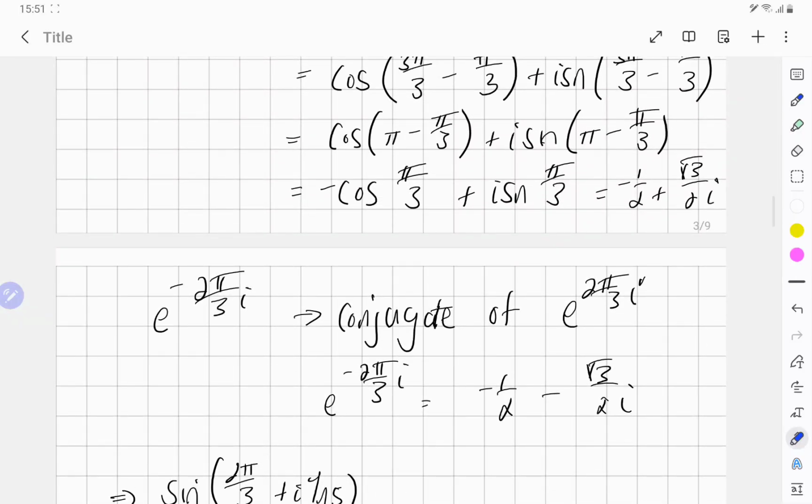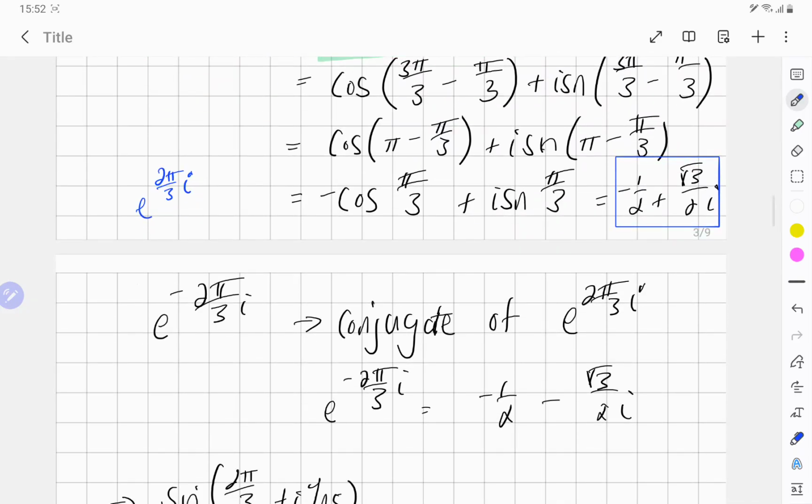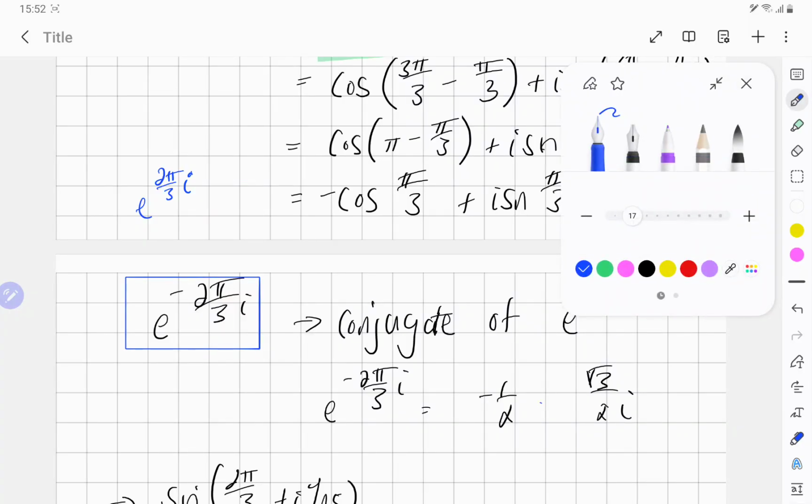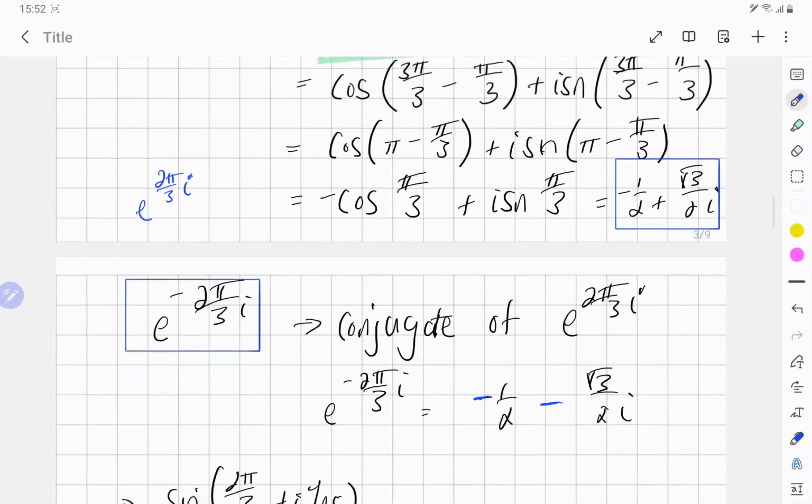Now, recall what I said earlier, since e to the 2 pi over 3 i is equal to minus a half plus root 3 over 2 i, we know this is the conjugate, hence exactly the same but with a negative for the imaginary part.